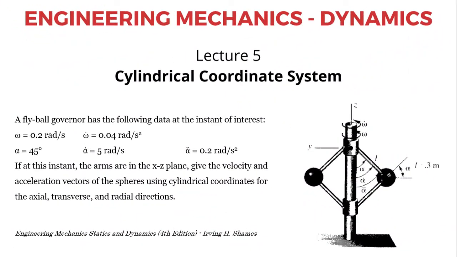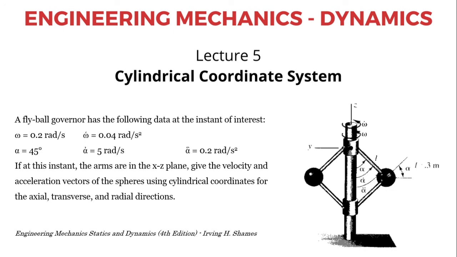Now we shall move on to a question. A flyball governor has the following data at the instant of interest. Omega equals 0.2 radians per second, omega dot equals 0.04 radians per second square, alpha equals 45 degrees, alpha dot equals 5 radians per second, alpha double dot equals 0.2 radians per second square.